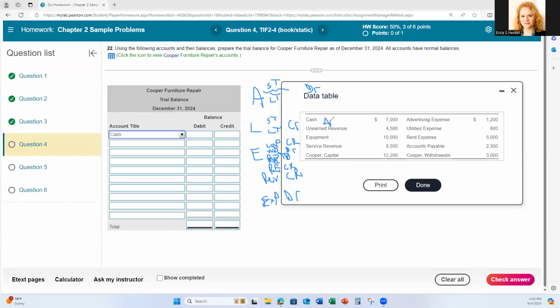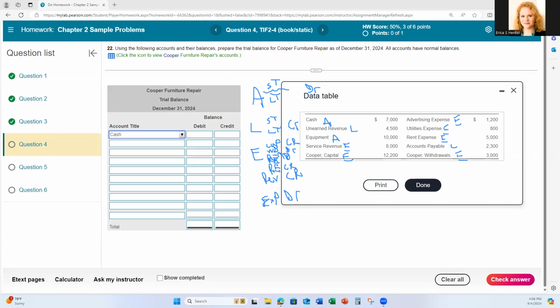So we've got asset. This is a liability. Equipment, that's an asset. Revenue, that's an equity. Capital, that's an equity. Expenses affect your equity, equity, equity. Accounts payable, that's a liability, requires future use of resources. And then withdrawals, that's a reduction in equity there.